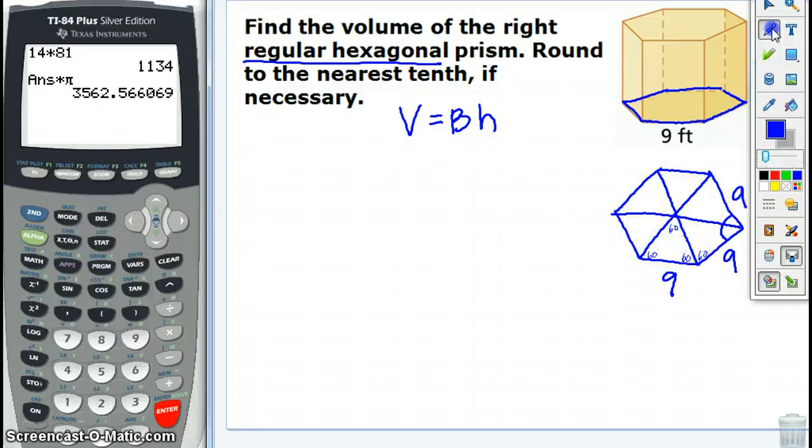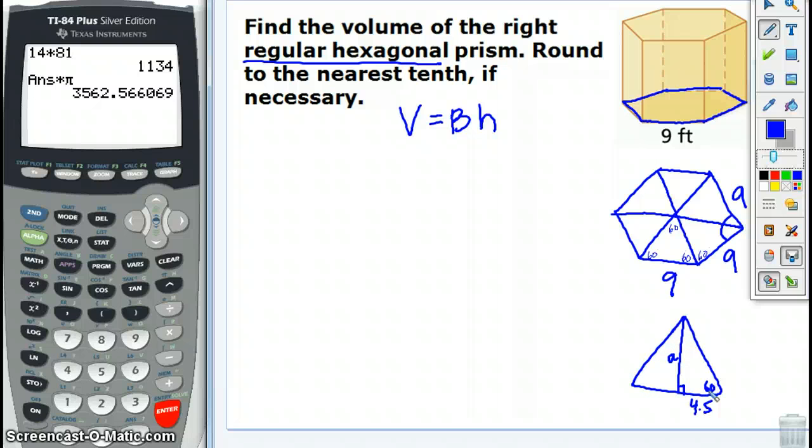Now, let's keep drawing. Let's draw a bigger picture of my equilateral triangle. I know that's 60. That's 4.5. And this is what we're going to call the apothem. Okay? So if that's the apothem, I can go use some trig now. Let's call this A. I need to know A in order to be able to find the area of this big triangle.